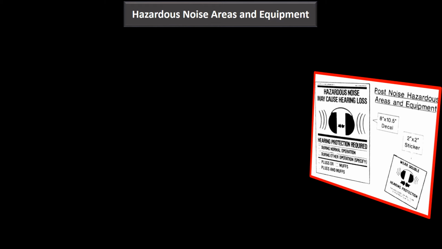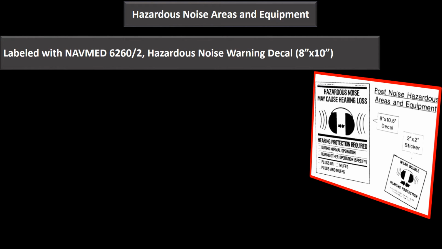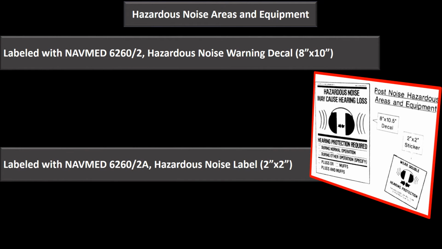We're going to label them using the NAVMED 6260/2, which is our hazardous noise warning decal, the 8x10 inch, and also the NAVMED 6262/A, which is our 2x2 inch label. If you're familiar with your SSIC codes, you'll notice that this is a NAVMED form, so it is a 6000, and if you know a couple of your secondary numbers, this 2 designates it as preventive medicine. So think about what we're doing with these warning decals.